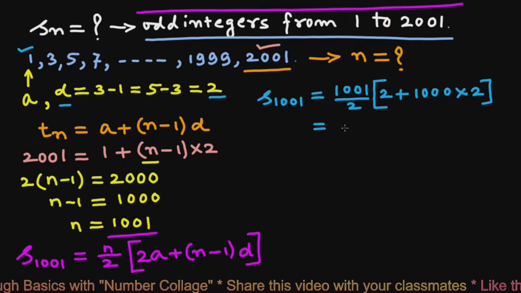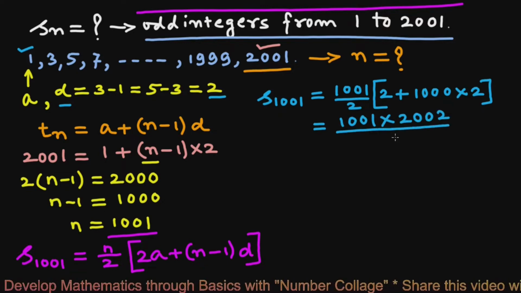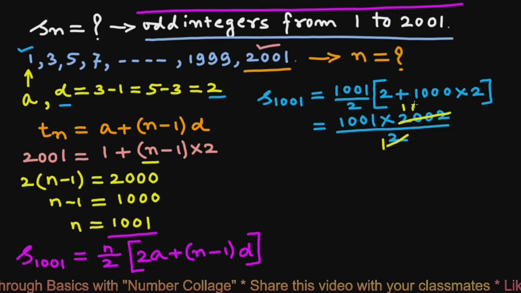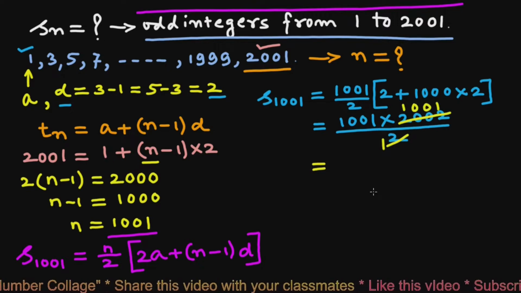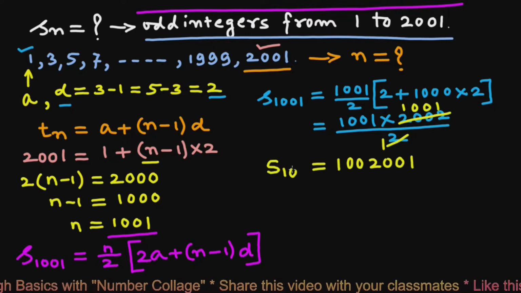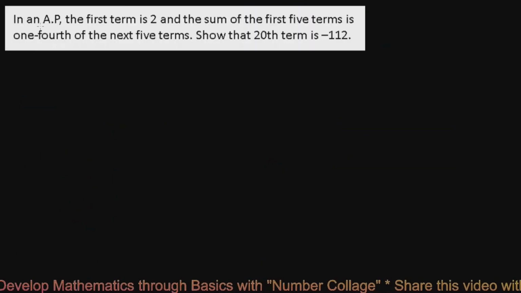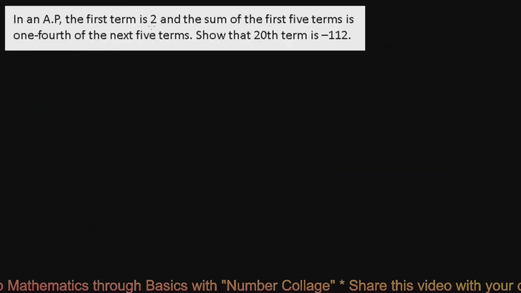So this will be 1001 multiplied by 2002 upon 2, so this product will be 1,002,001. So this is the required answer, 1,002,001.